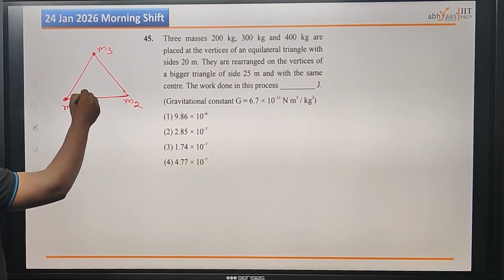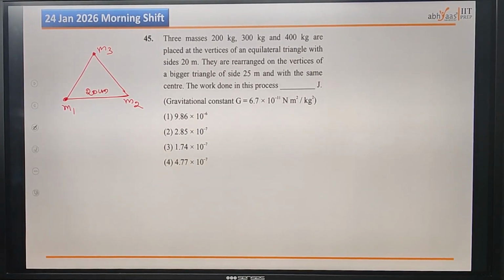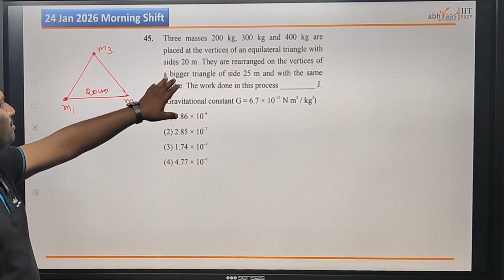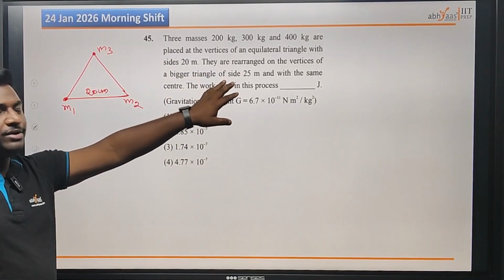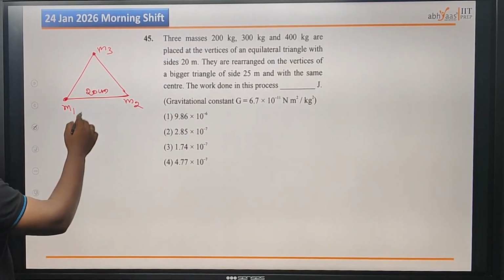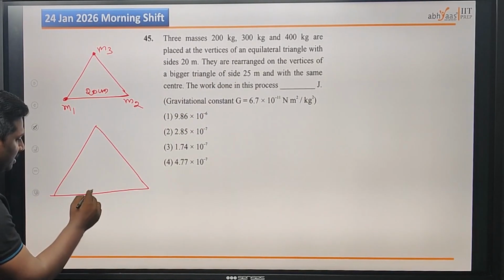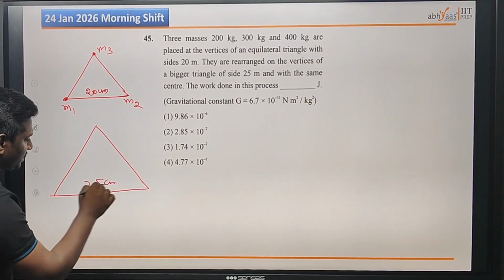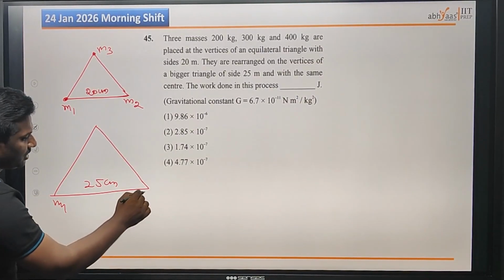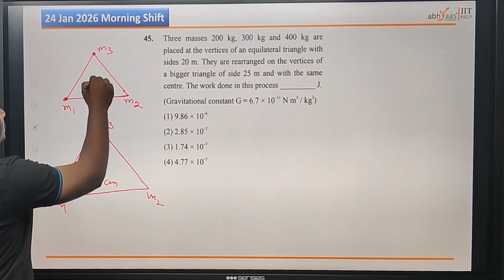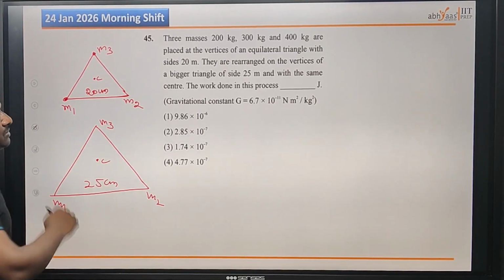They are rearranged on the vertices of a bigger triangle of side 25 centimeters. So one more triangle, these masses are arranged in a bigger triangle of 25 centimeters, M1, M2 and M3.